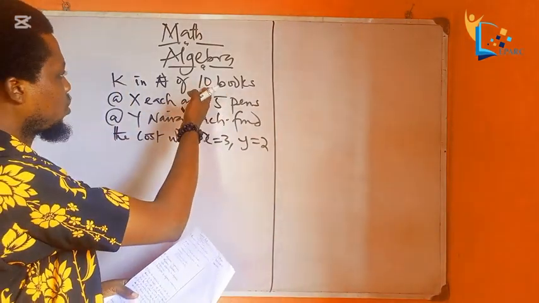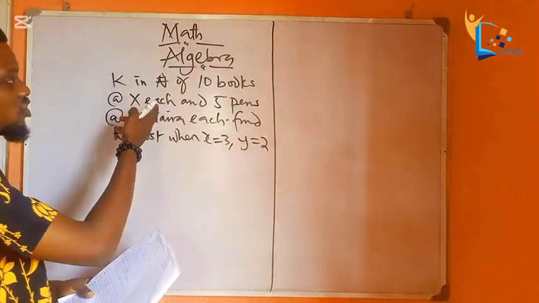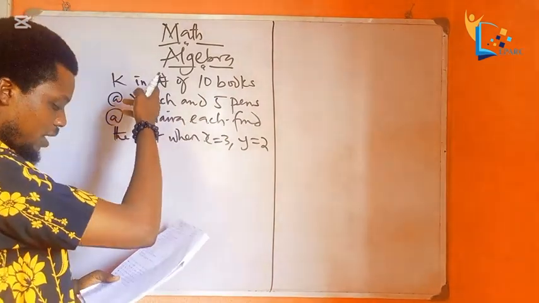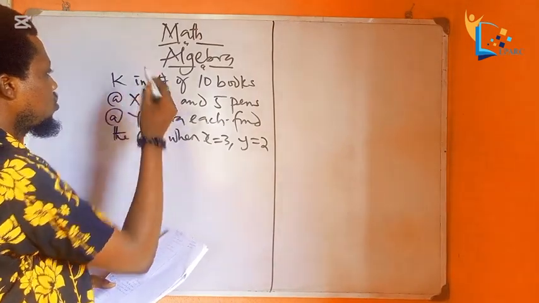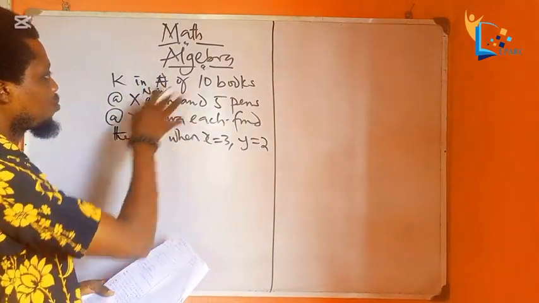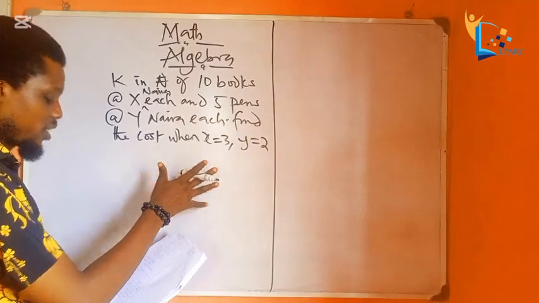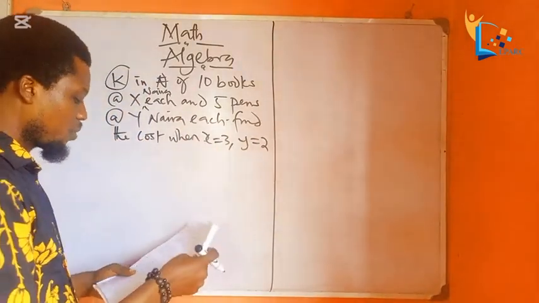So here we are talking about 10 books at X naira each, and 5 pens at Y naira each. They are asking us to find the cost, expressing this whole scenario as the cost C.